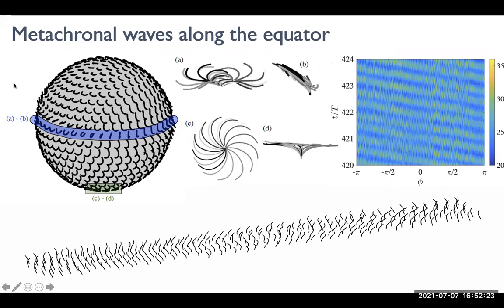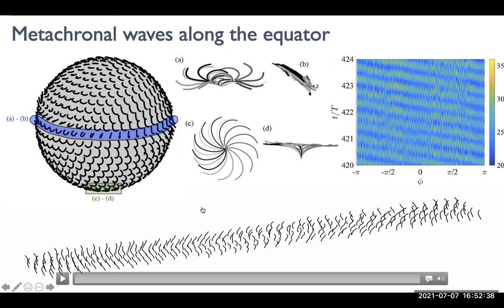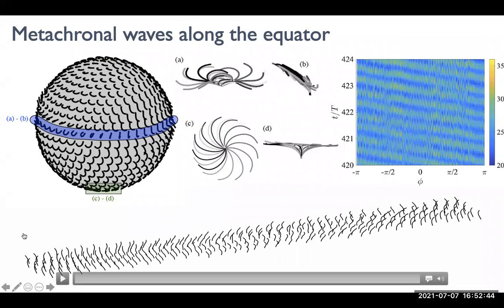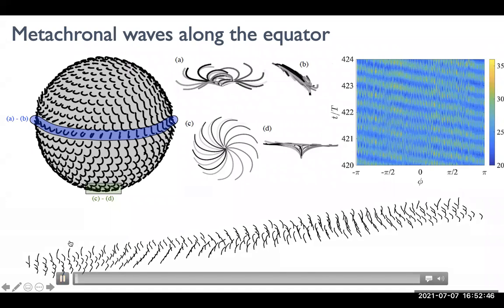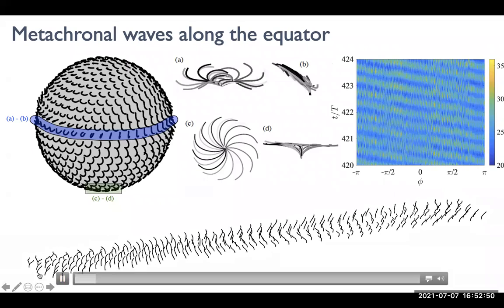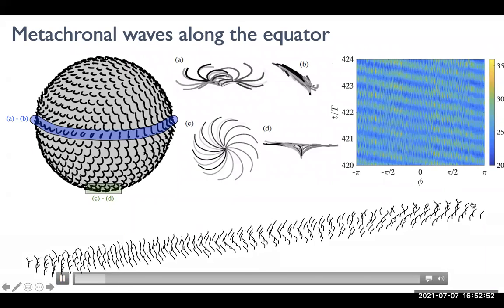It's quite interesting to see what's going on along the equator, where we have a kind of modified planar motion, which you can see in panel A here, that we affectionately call a crab beat. If you take your equator and unwrap it, you get this kind of strip here.